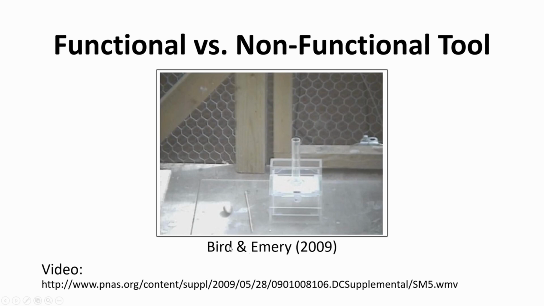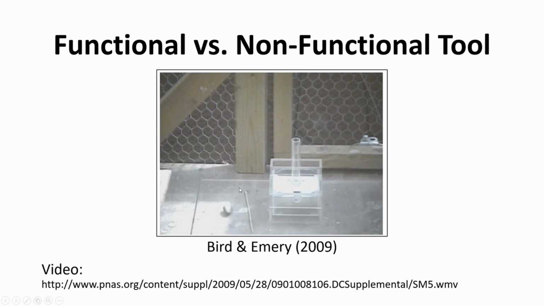So these researchers would give these birds different tools that they could be using to get at that food. But you might notice here they've given them a rock that's too large to fit into this hole. So they would vary whether they give them large rocks or small rocks, and they tend to find that the birds learn which rocks will and will not fit into the tube, and they tend to ignore the larger rocks. Same thing with the sticks here. They'll give them sticks that are long enough to put down the tube and press that unstable platform in order to dislodge the food, but some sticks will be too short.